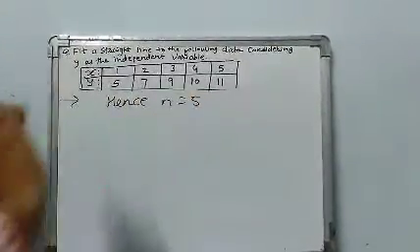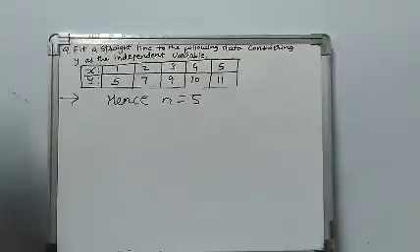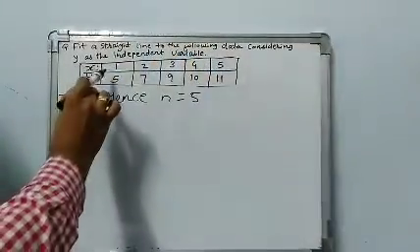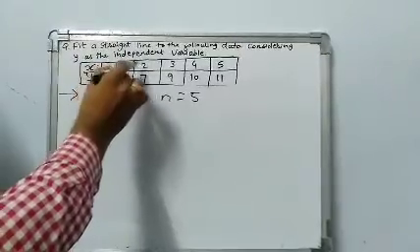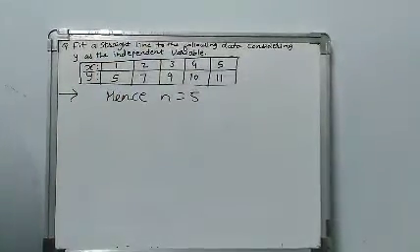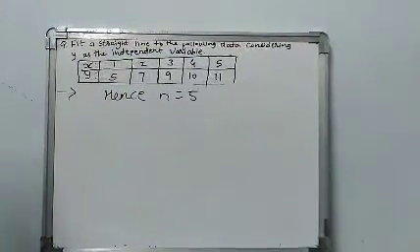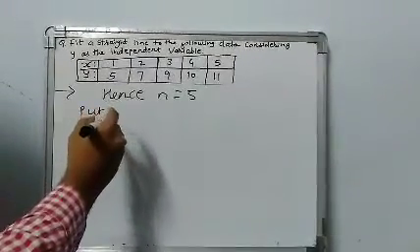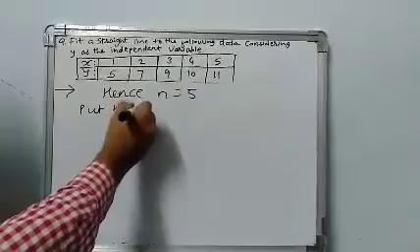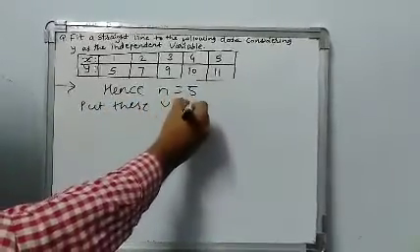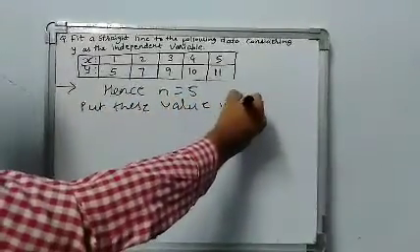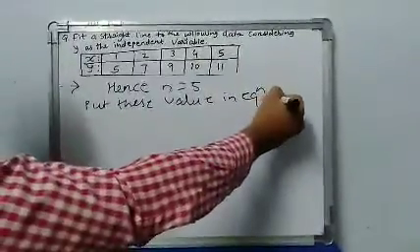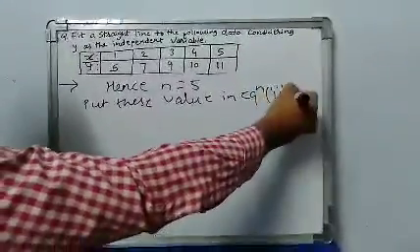Now what is n? N is the number of values of x, that is 1, 2, 3, 4 and 5. So put these values in equations 2 and 3.